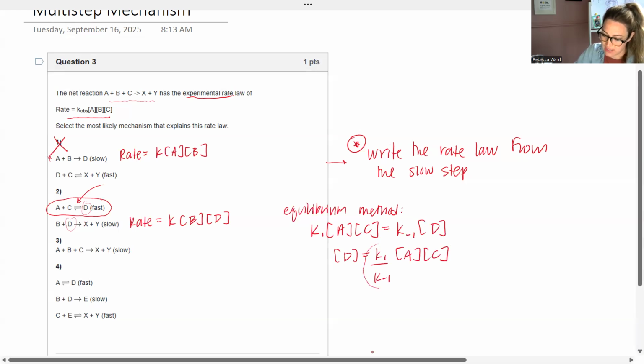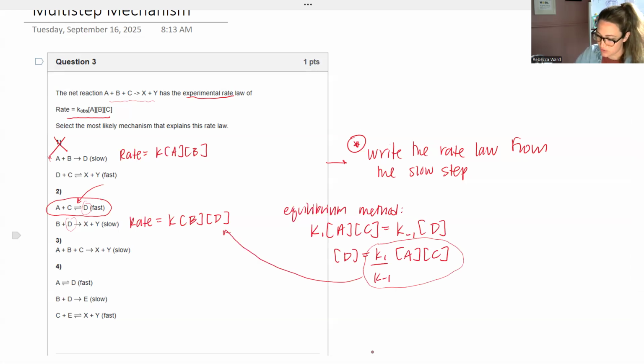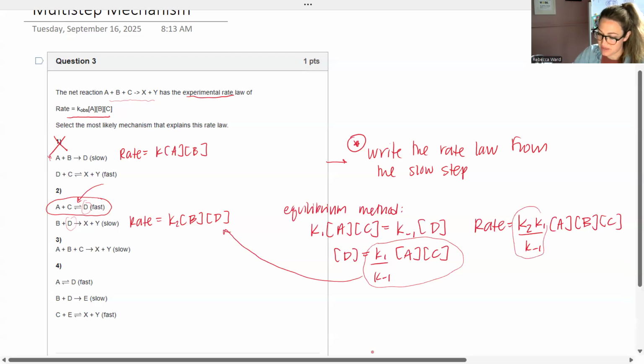Now I can take this and plug it in here. So I now have the rate equals some K value, and we could define that specifically. If I had called this K2, we would have K2 K1 divided by K minus 1, and it would depend on the concentrations of A, B, and C. Yes, we have this big thing, but I could just call that K observed.